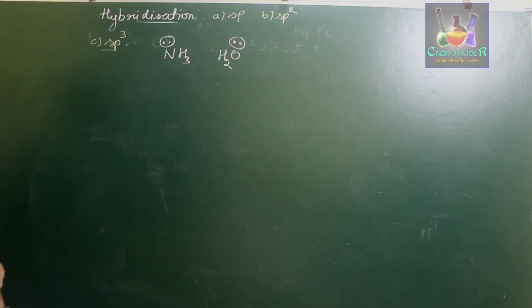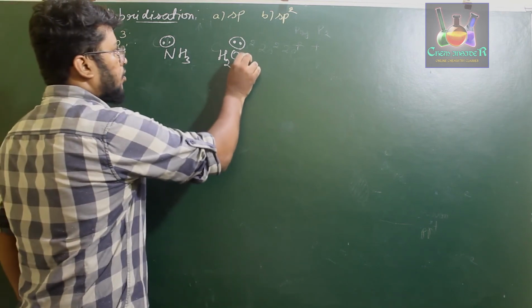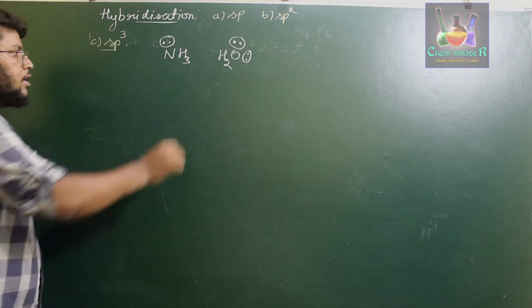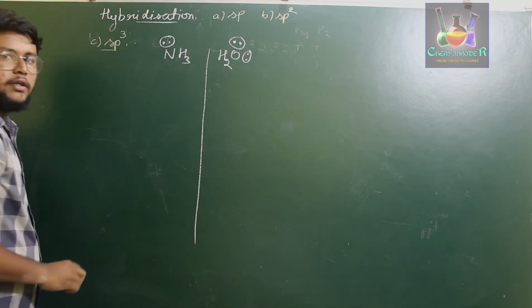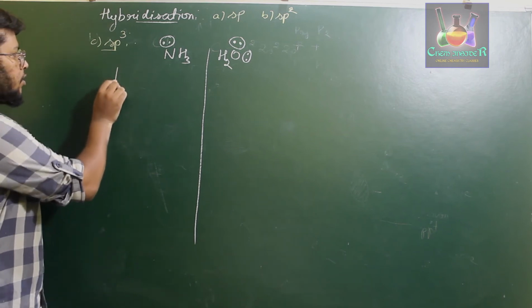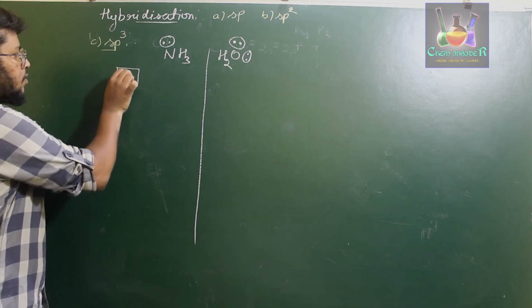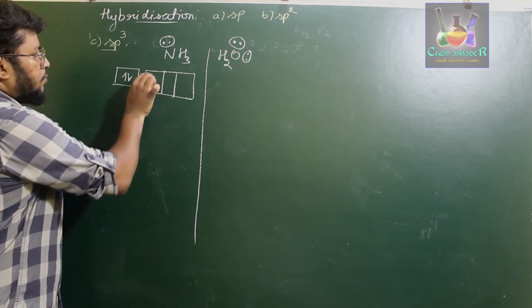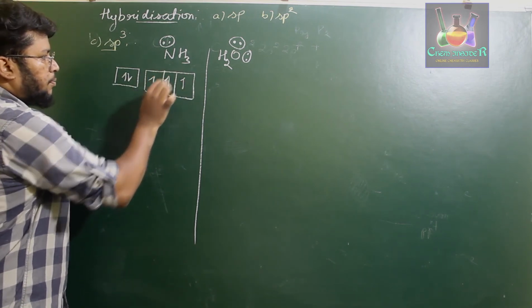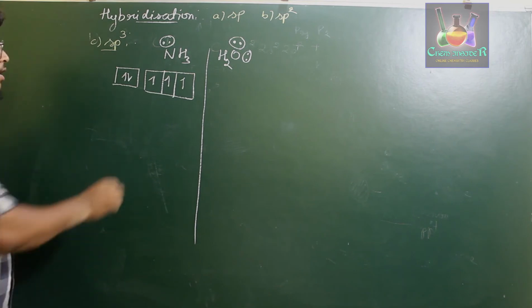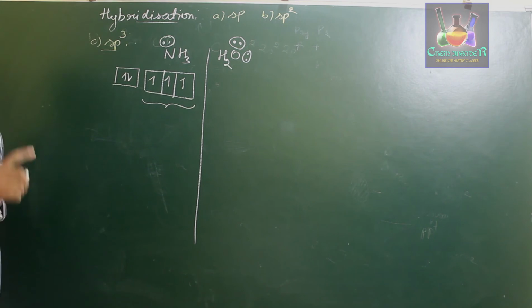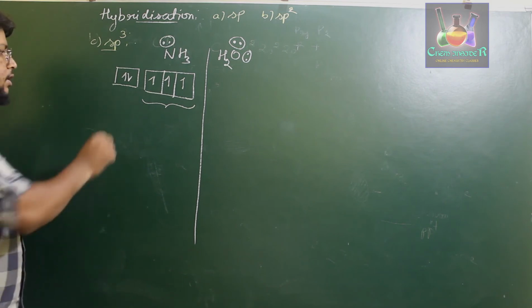Now, the electronic configuration of nitrogen will be 1s2, 2s2, 2px1, 2py1, 2pz1.